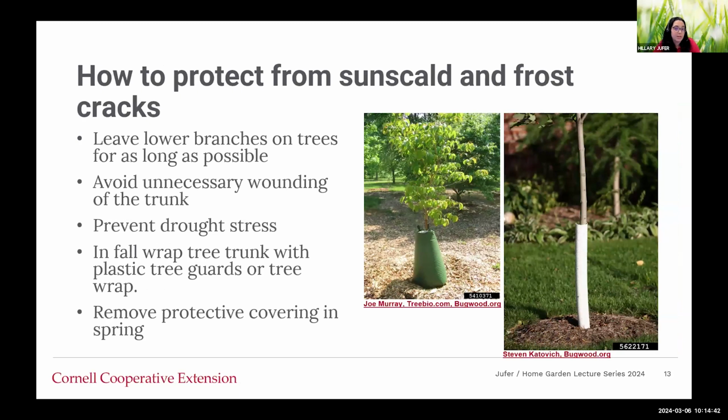So how can I protect from sun scald and frost cracks? You're going to want to leave the lower branches on the trees as much as possible, and you're going to want to avoid unnecessary wounding of the trunk. Make sure that if you're mowing and weed whacking, that kind of stuff, you're not going up against the tree, you're not causing any problems with that.